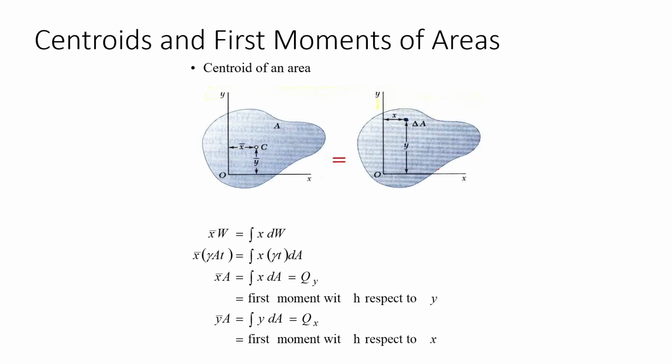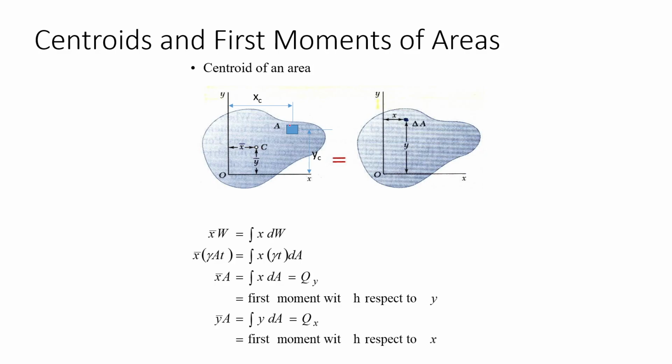So to sum the formula for the centroid of the area, these are the formulas. For example, this is your differential area. That will be x sub c and then y sub c.